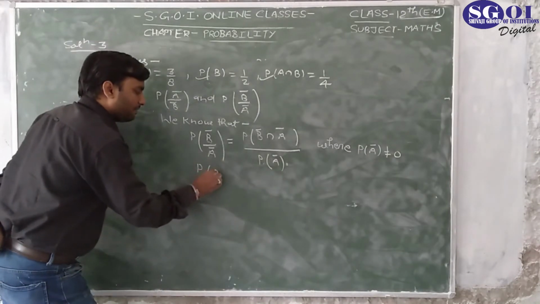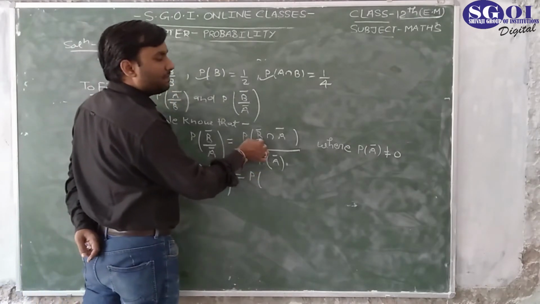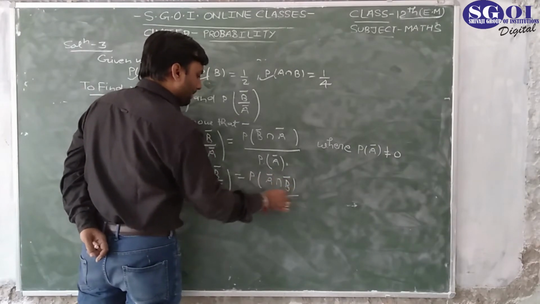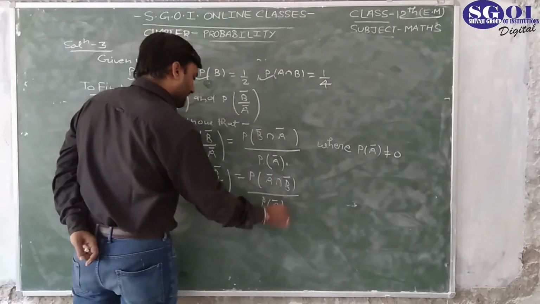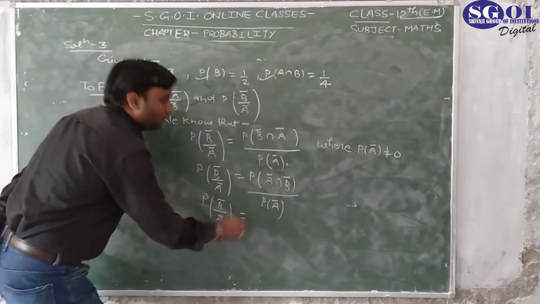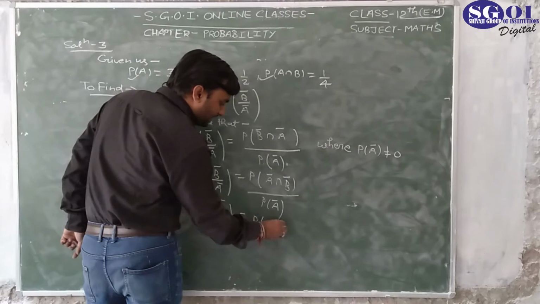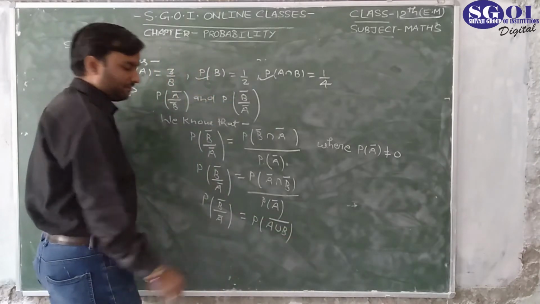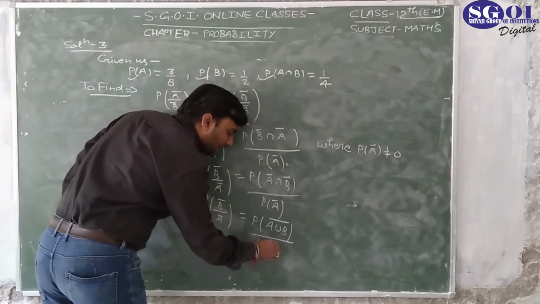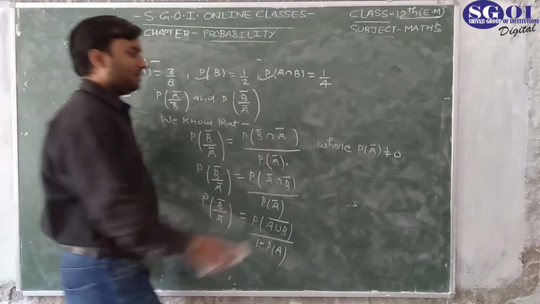So probability of B bar upon A bar is equal to probability of B bar intersection A bar, which we can write as A bar intersection B bar, upon probability of A bar. So probability of B bar upon A bar is equal to, we can also write A bar intersection B bar as (A union B) whole bar by formula, upon probability of A bar, which is equal to 1 minus probability of A. Same as probability A bar upon B bar.